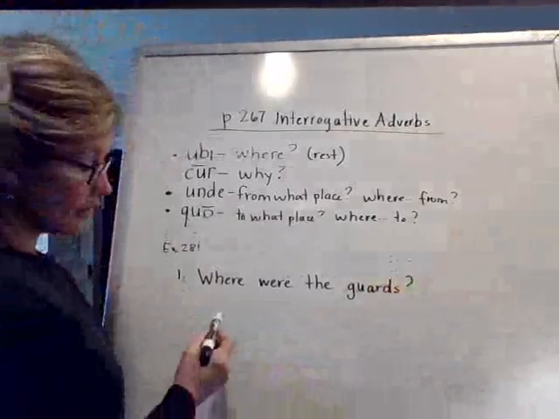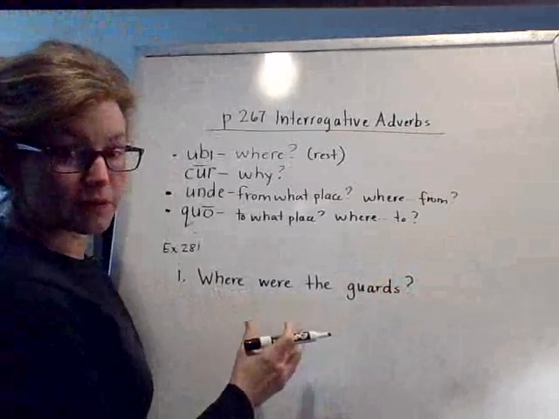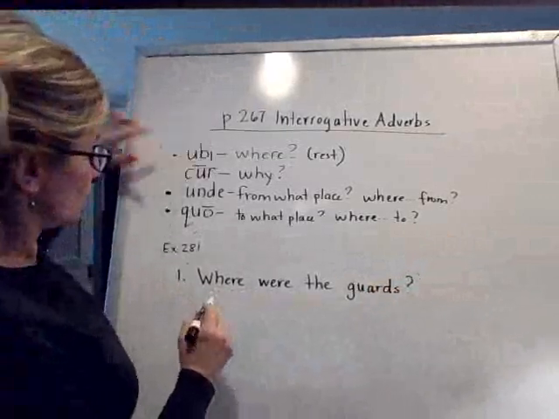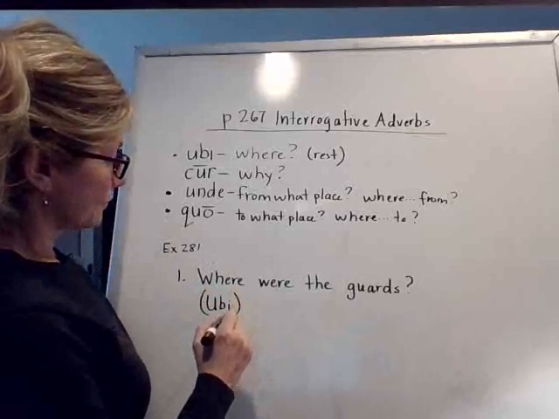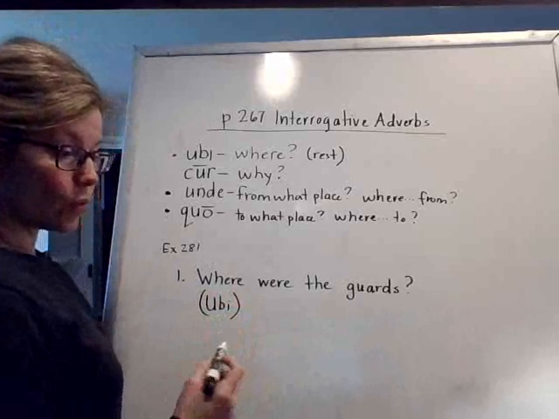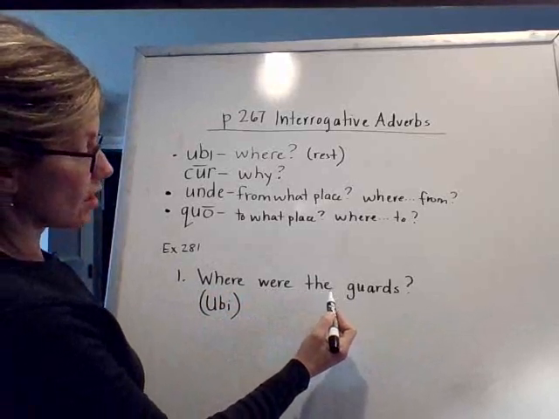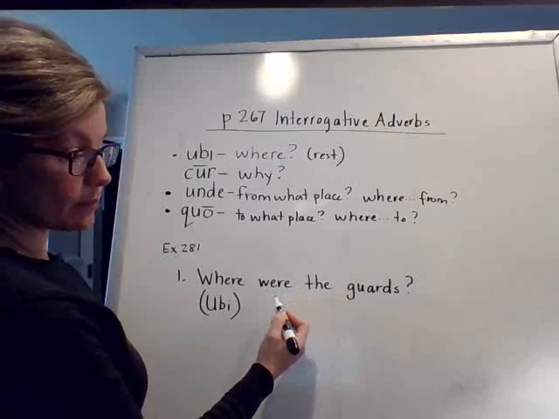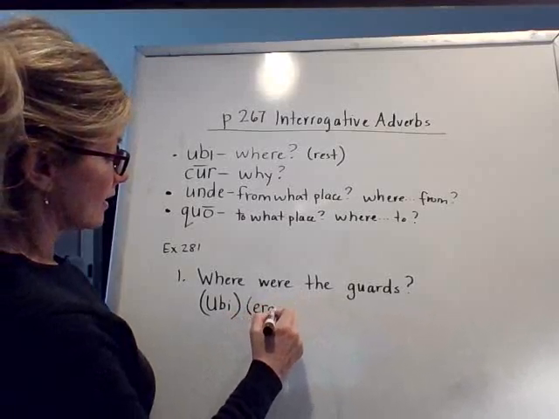Now this where just implies rest because the guards aren't moving, so we would use ubi. Then were is the imperfect, and it's the guard, so it would be third person plural, imperfect, and that is errant.